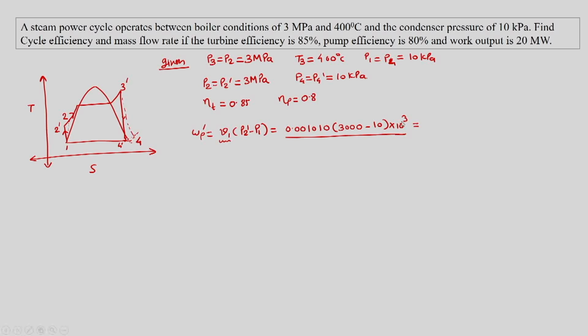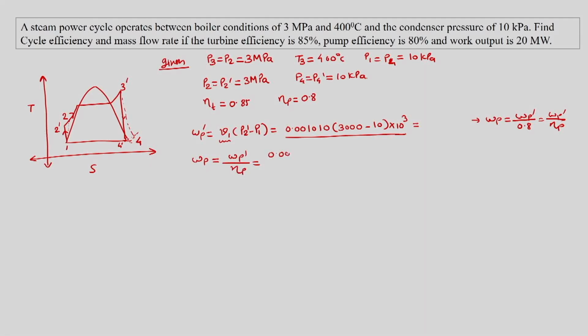But now we want pump work in the real sense. For that we can make use of the fact that WP, which is real pump work, is equal to WP dash divided by 0.8, or WP dash divided by pump efficiency.